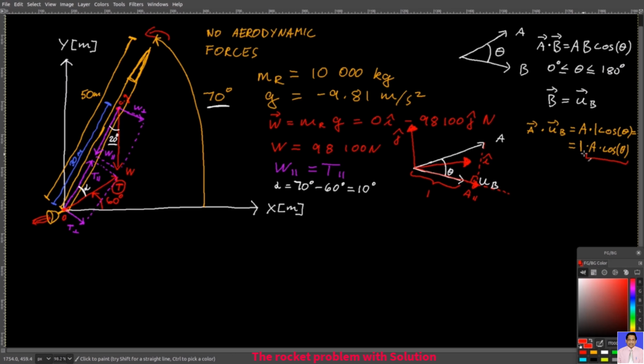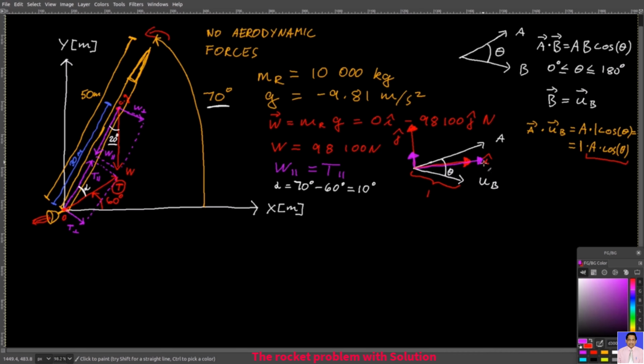And then I multiplied by 1, because again, that's the magnitude of UB, which means that you have obtained a component of A in the direction of UB only. And that's it. But now you know that you can achieve the same thing if you first decompose your A vector into its Cartesian components.